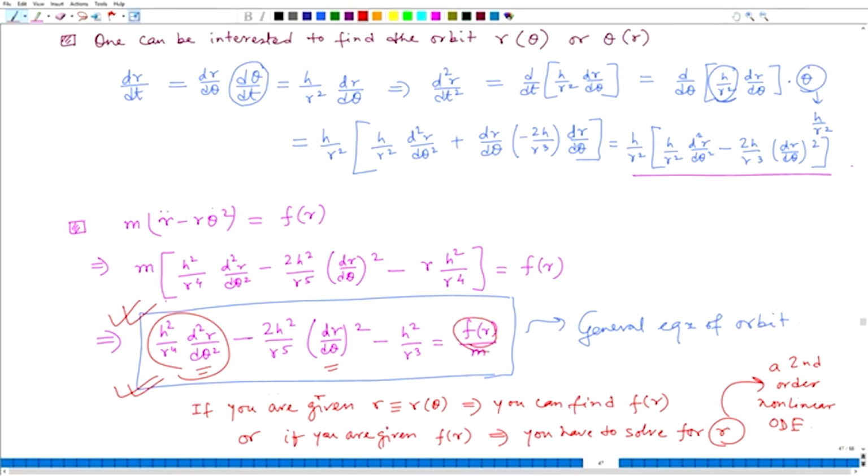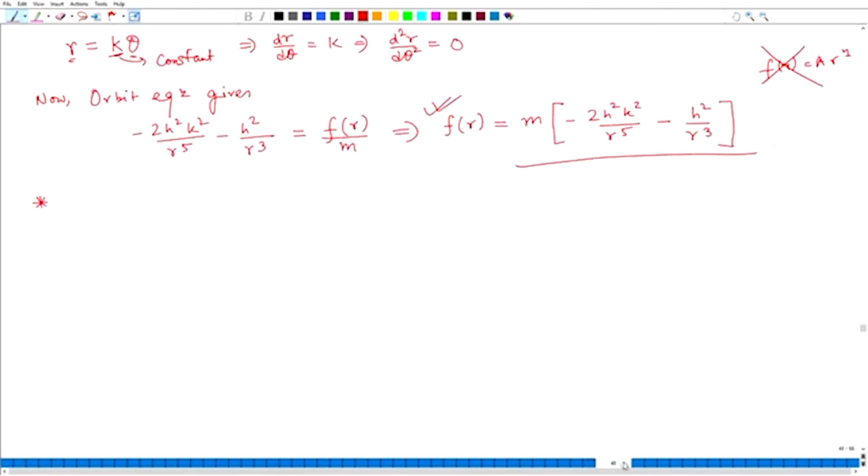Okay. So, you can do that, but in many cases the problem occurs that when we give you the law of force, you have to solve this equation. Then actually the business becomes very tough, because then you have to solve a second order nonlinear equation with some square term in the first order derivative. Okay.